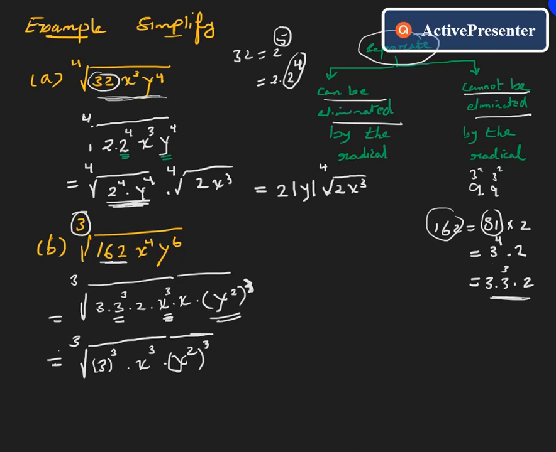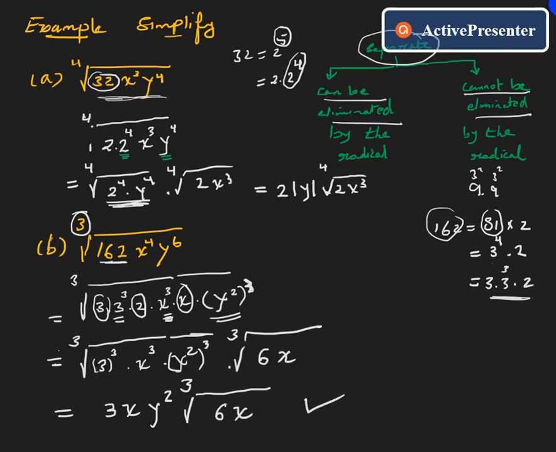Then it is multiplied by the third root of what is left, the things that cannot be eliminated: 3 here and 2 here and 1 x here. So it should be 3 multiplied by 2, which is 6x. Okay, so all these can be eliminated, and the final answer should be 3xy squared multiplied by the cube root of 6x, and we are done.